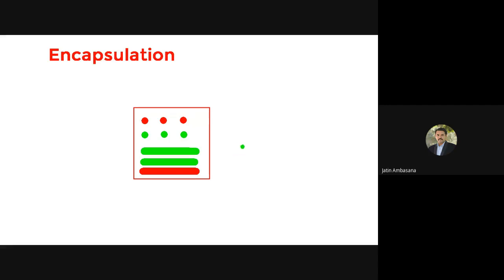Okay, so this is basically a class which has got, let me highlight this thing. This is basically a public variable.